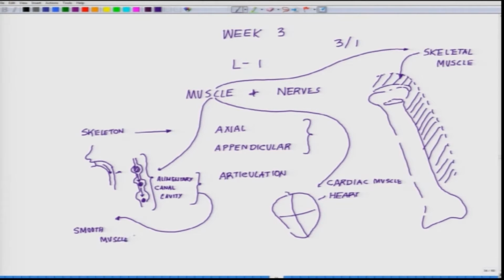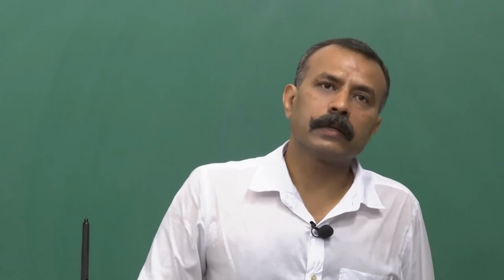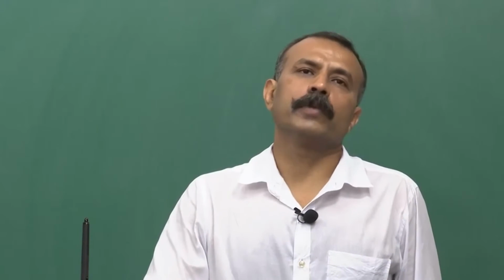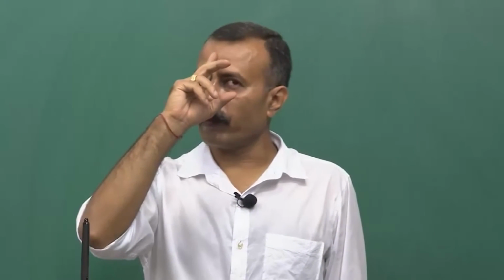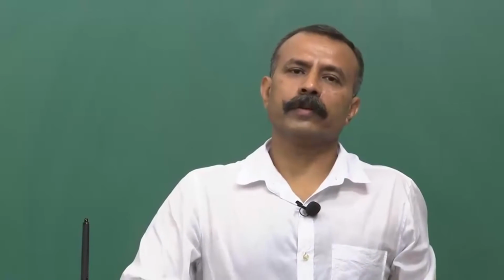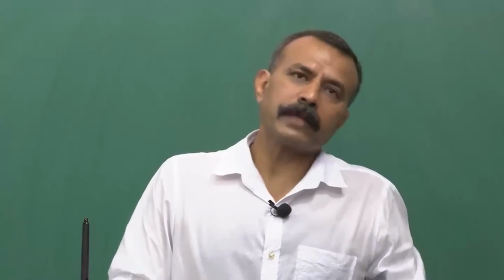So there are three kinds of muscle broadly classified in our body: skeletal muscle, cardiac muscle, and smooth muscle. Suppose you forget, what is the big deal, just look at your own body. Physiology can be best learned if you know your own body. If you know your body, you will be able to figure it out.